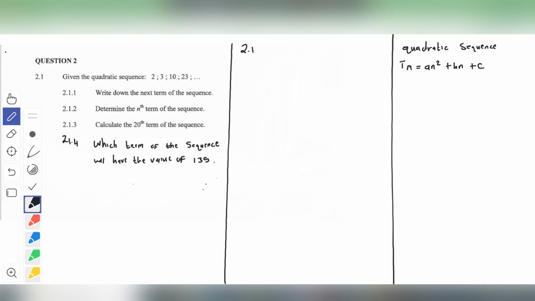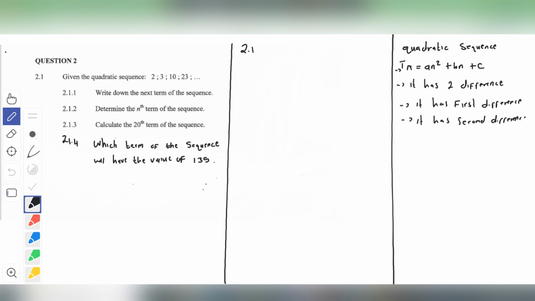We know that a quadratic sequence has two differences. In simpler terms, it has a first difference and a second difference, right?